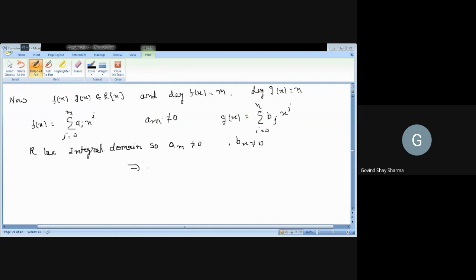That way we can say f(x) dot g(x) has the term x to the power m plus n with a nonzero coefficient.